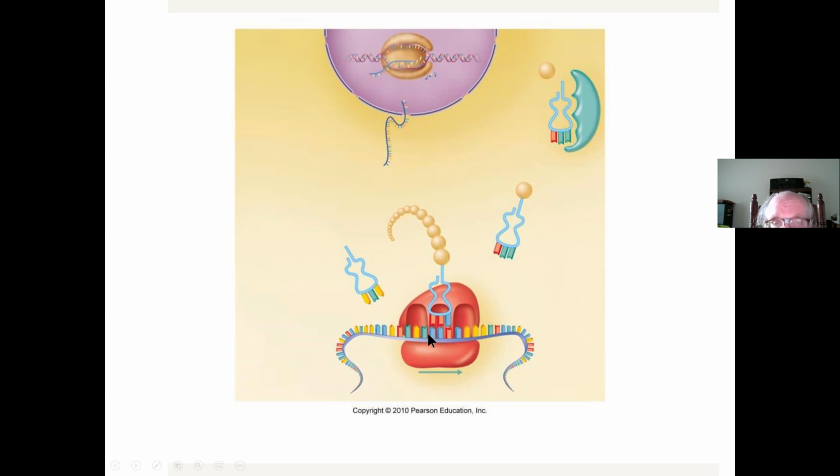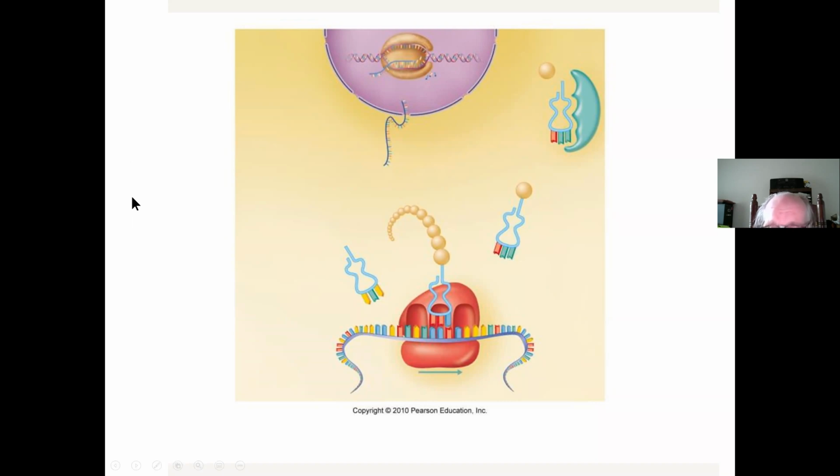When this particular codon is here, the transfer RNA has an anti-codon. In other words, it has the opposite of the codon. So if there's a U here, there's going to be an A there. So we have a triplet, a codon, an anti-codon.